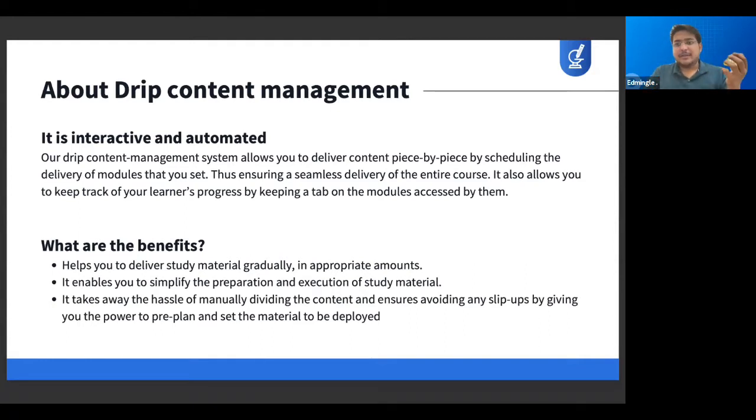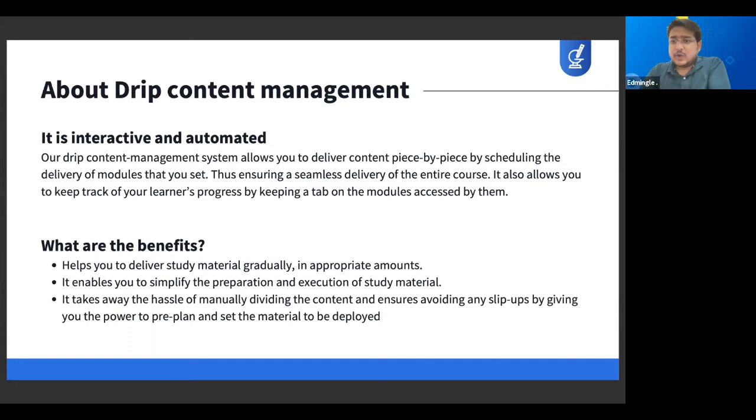If you remember drip irrigation, if you read about it in class fourth or fifth, it's a very popular term in agriculture. Drip is something like putting drop by drop. That is how drip content management came into the e-learning space. It allows you to stop bombarding your learners with content and control the way they access your content.